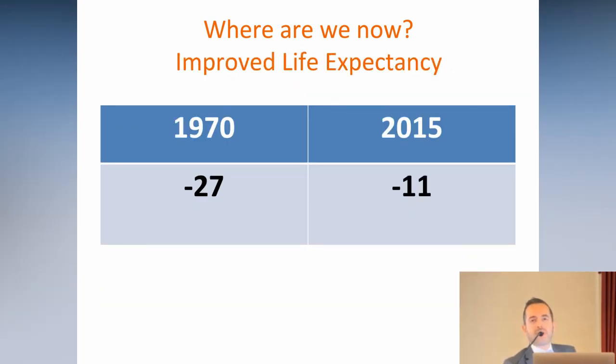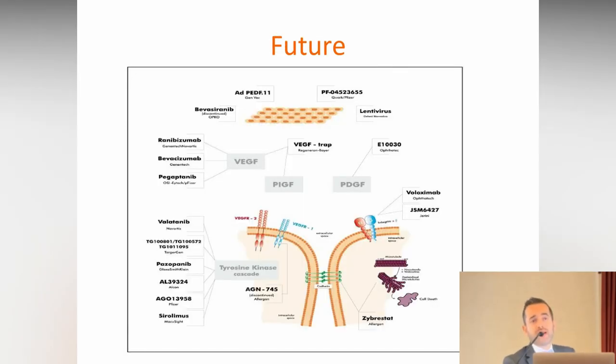MI, stroke, amputation, everything has gone down because patients are being better managed. How are these patients doing in terms of their life expectancy? 30 years ago, if you were diagnosed with diabetes, you had probably 30 years reduced life expectancy compared to in 2015. You still have reduced life expectancy, but a lot less. And the future is bright. I think the future is going to be less laser, less surgery, less cutting, and more molecular targeted treatment.